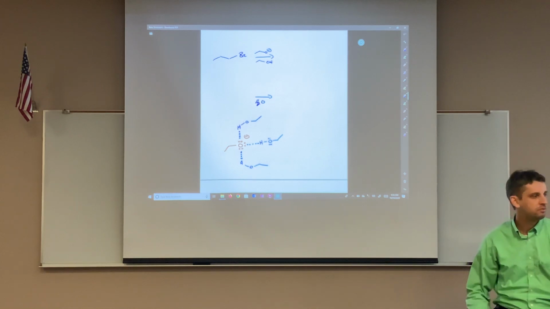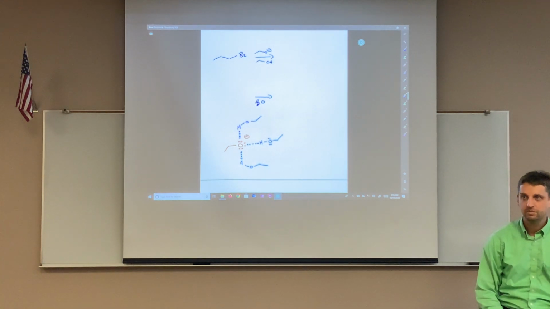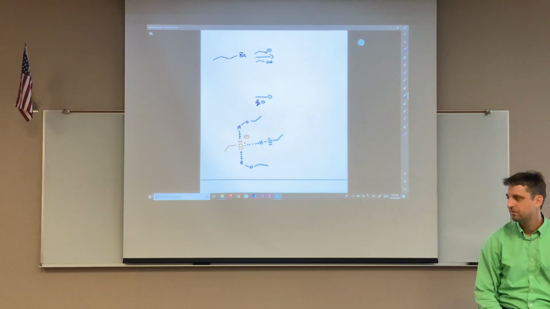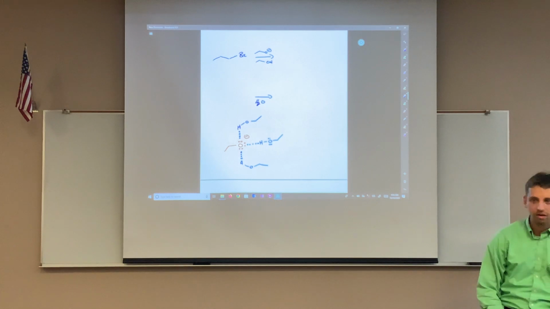What's the mechanism for this Sn2 reaction that's going to happen up there at the top? Go ahead and draw it up. World's easiest mechanism, right?